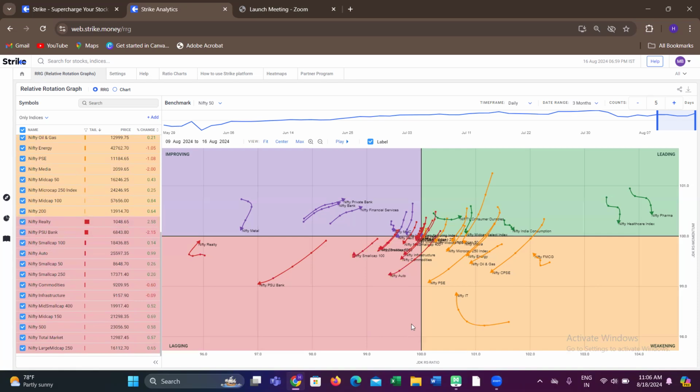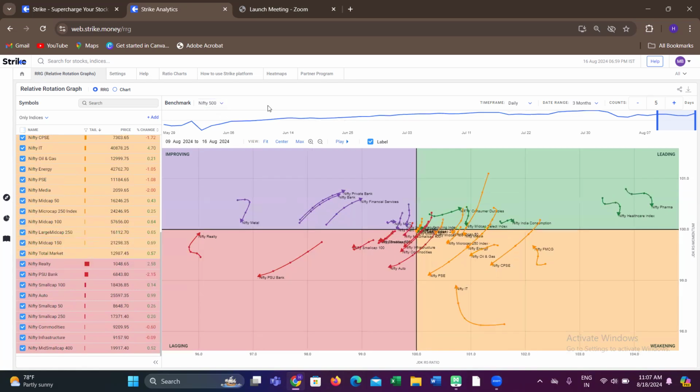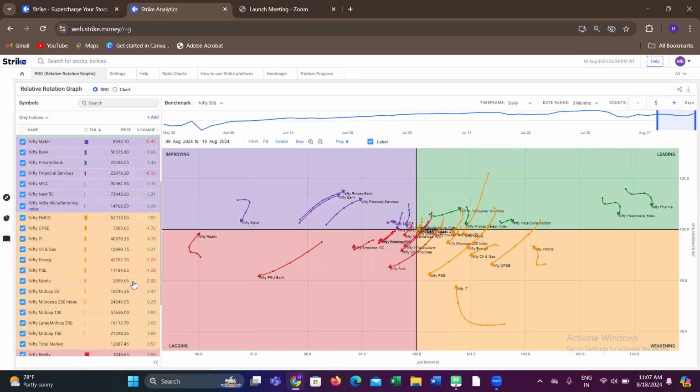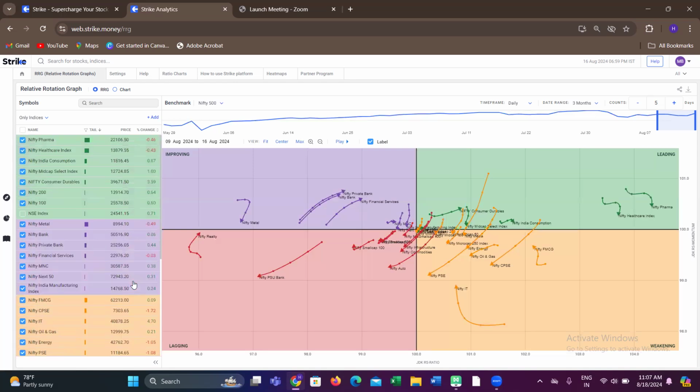As I covered in my previous video, you have x-axis and y-axis, and a benchmark is in the center, but you have to select benchmark from the top left and always select Nifty 500, right? And why Nifty 500? Because it gives you more coverage in terms of number of stocks, right? So the bigger the ocean and the comparison is better for you.